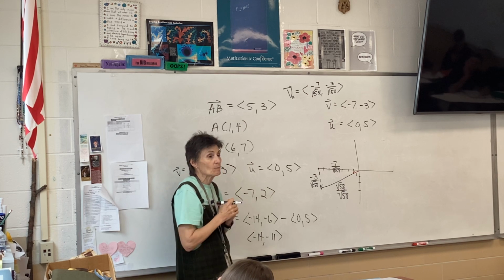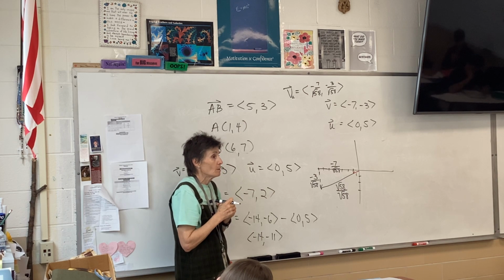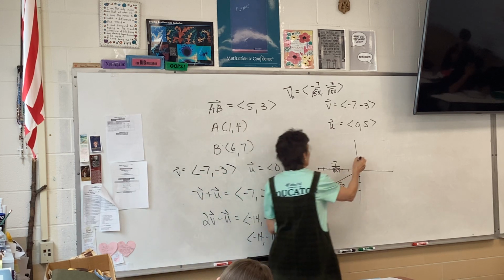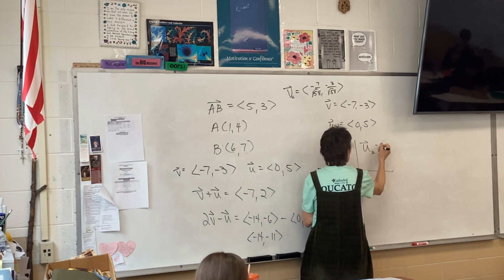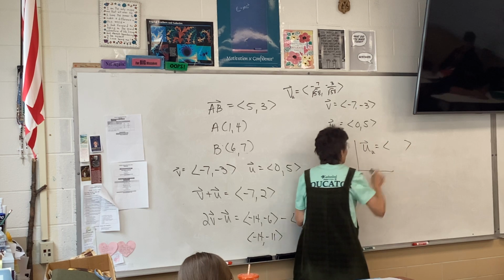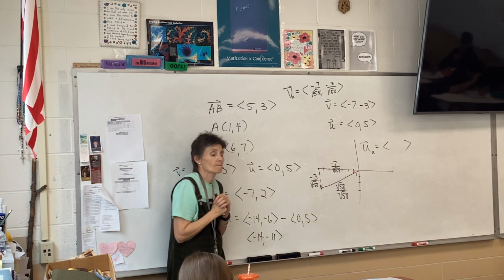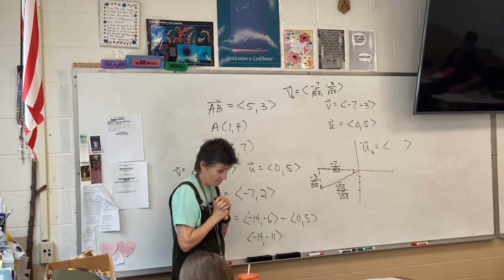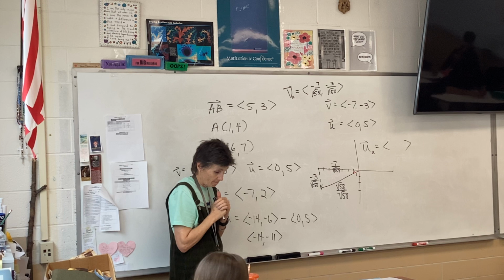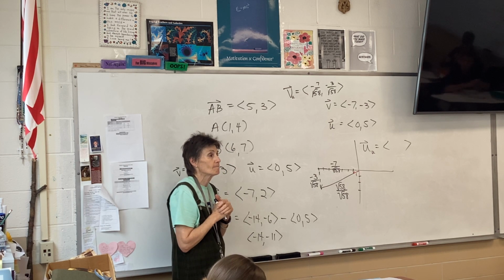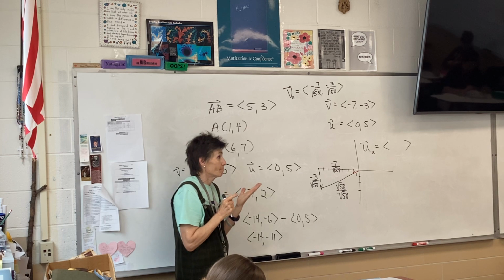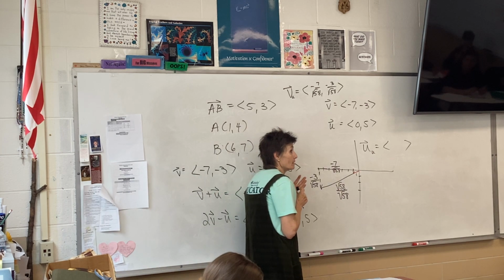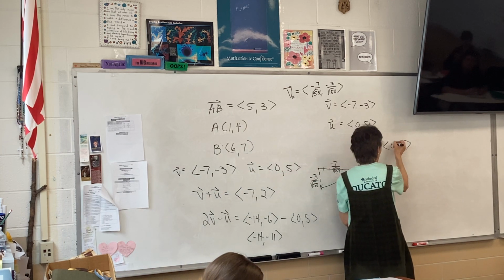Okay, do the same thing with U now. What is the unit vector in the same direction as U? What's it gonna be? It's gonna be 0 over 5 and then 5 over 5. Okay, which would be 0, 1.